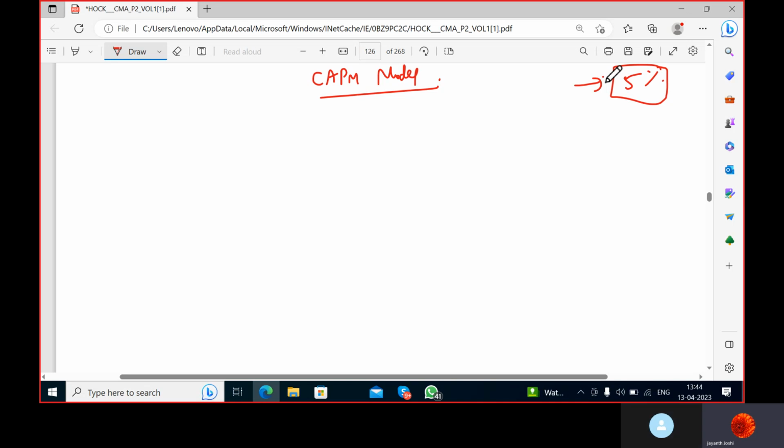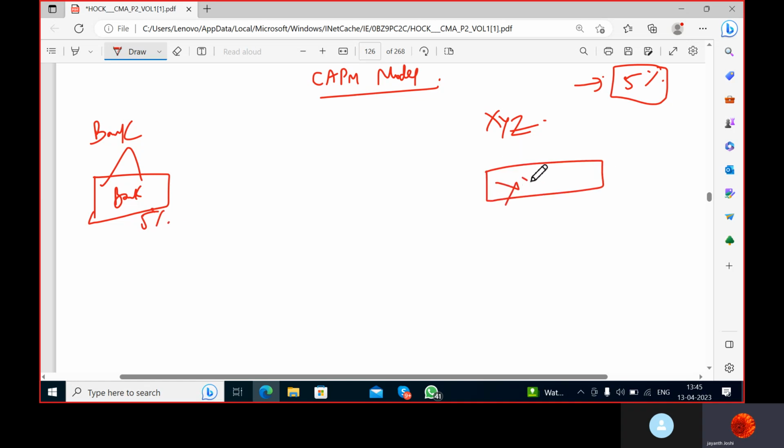If you compare this return with some other kind of returns you are getting from the market, for example, if I take a bank, and this is XYZ company, and the bank is giving you 5% returns, and this XYZ company is giving you 5% returns, which one will you prefer?